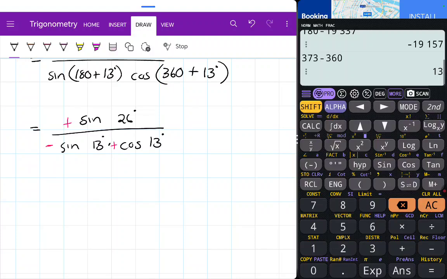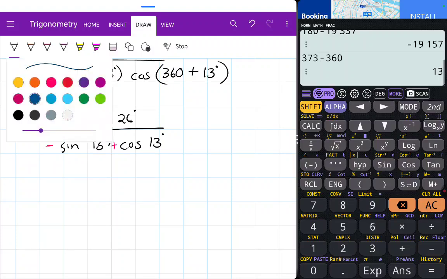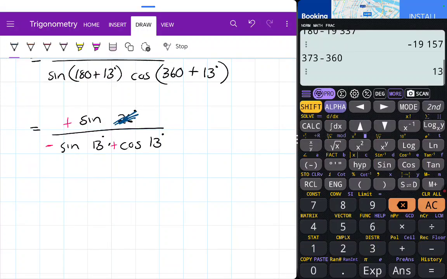Once we've got this, we now want to simplify. At the bottom, we've got sine cos. At the top, we've got sine of 26. But remember, I pointed out the fact that 26 is actually 13 plus 13. So if we rewrite this, instead of sine of 26, I can say 13 plus 13.